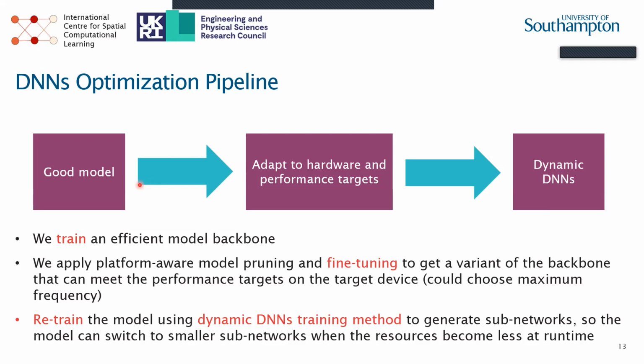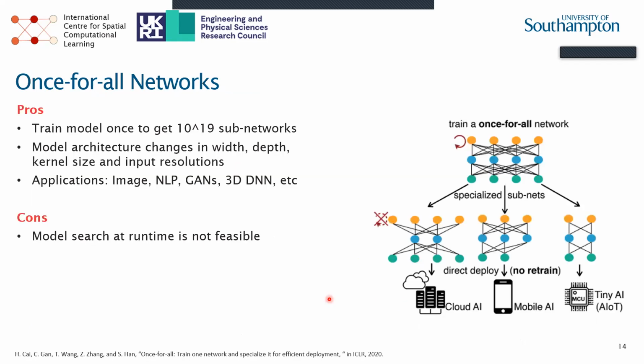They are static. We apply a specific training method to generate subnetworks. But what if the state-of-the-art model already has subnetworks, like the once-for-all model? The once-for-all model is another work from MIT, Song Han's group.